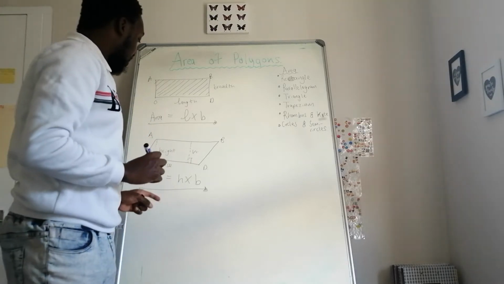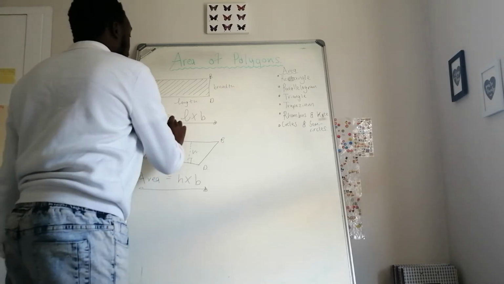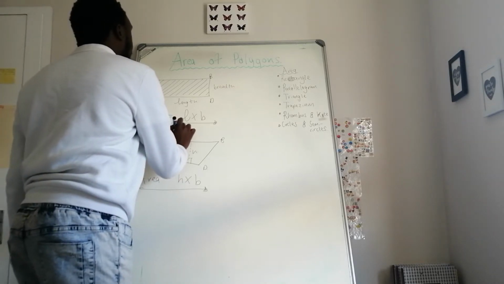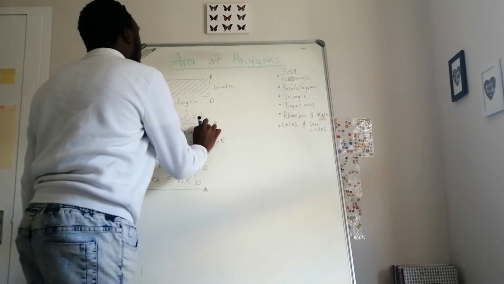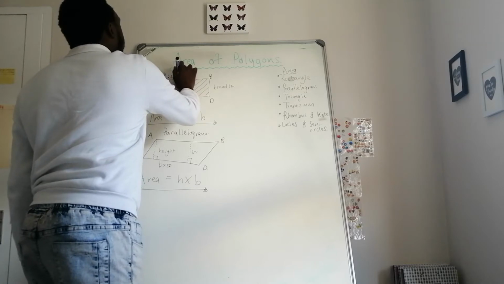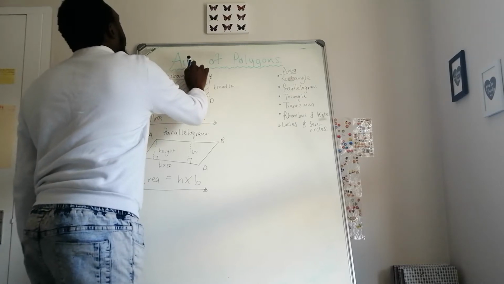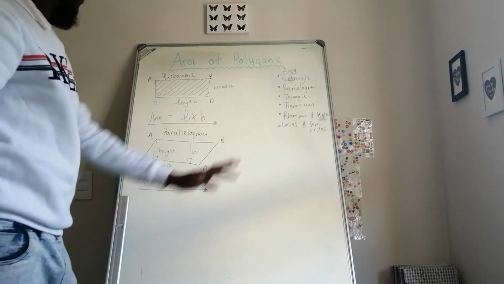You got what I mean? So that's how you calculate the area of a parallelogram. So let me write parallelogram here. And this is rectangle, right? So let's move on to a triangle.